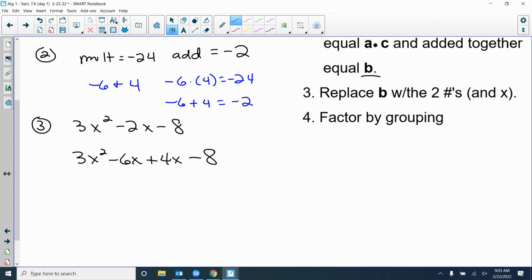And now what does the last step tell me to do? Factor by what? Grouping, which is what Mr. Parker did on that very last example. So remember, grouping: you got 4 terms. Group the first 2 and the last 2. What's my GCF for the first 2? Ryan, what's my GCF for the first 2?